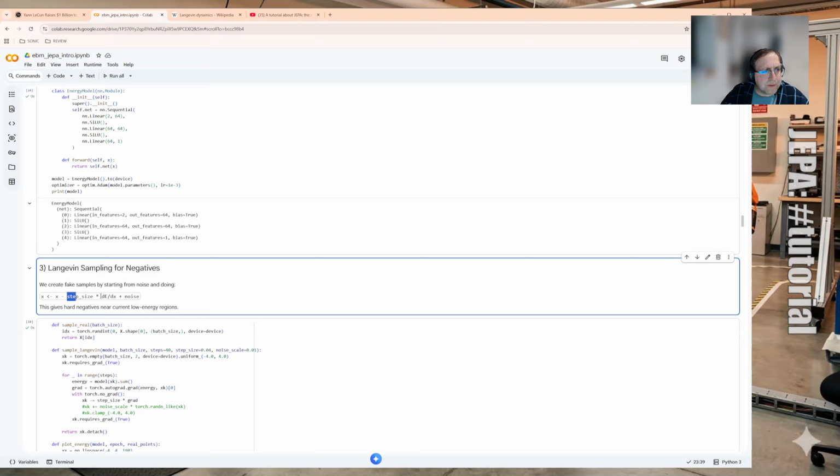Then you have the derivative of the energy function alongside the input, so it's the gradient. And usually other things, so you have the square root of the epsilon multiplied by n, and n is the noise. So anyway, this is kind of simplified.